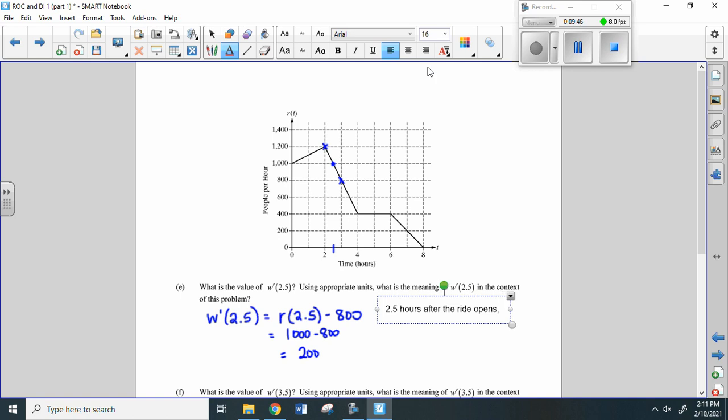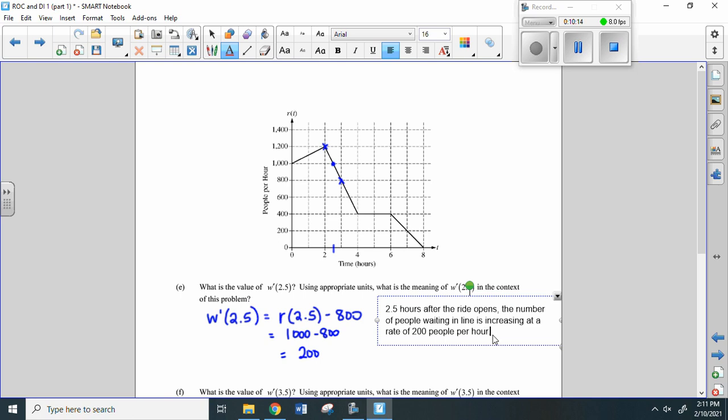Remember, W prime, you have to go back to the previous problem, gave us the number of people waiting in line. Well, actually it gave us the rate of change of the number of people waiting in line. The number of people waiting in line is increasing. How do I know that? Because 200 is positive, at a rate of 200 people per hour.